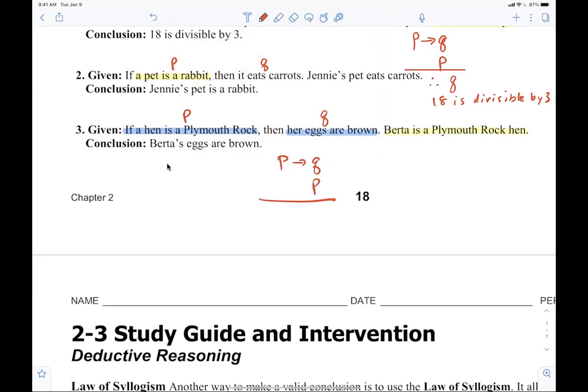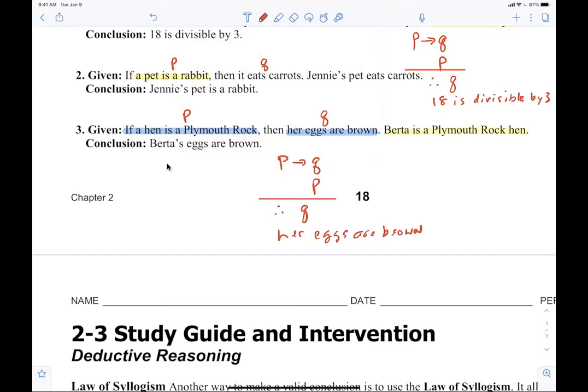P. Therefore, Q is true. Therefore, her eggs are brown. Simple. Really simple. All right. Let's not make it more complicated than that. That's all there is to it. Everybody good?